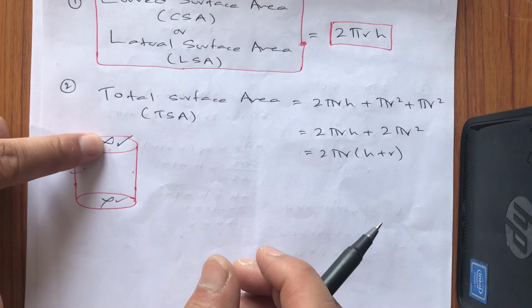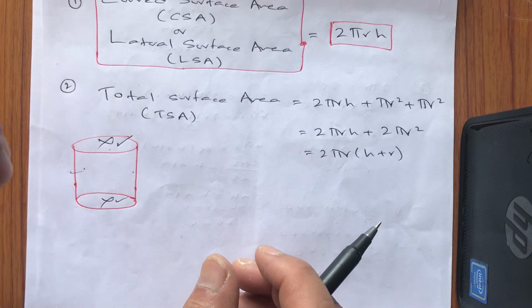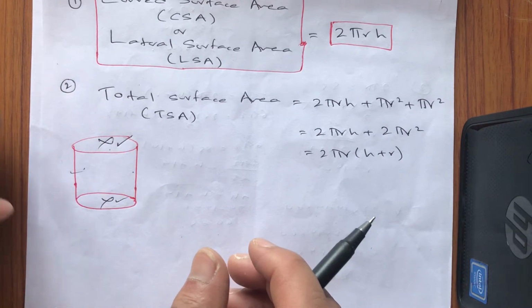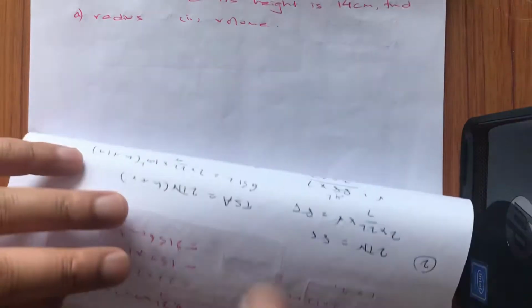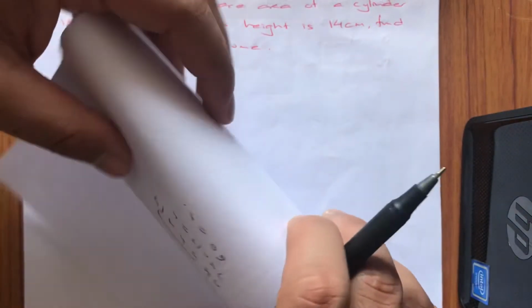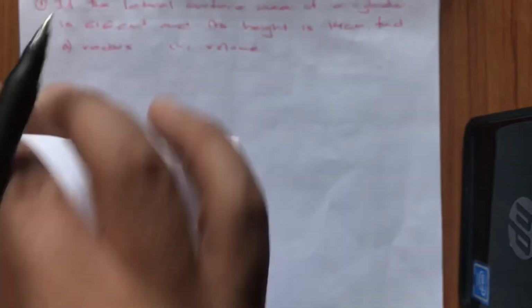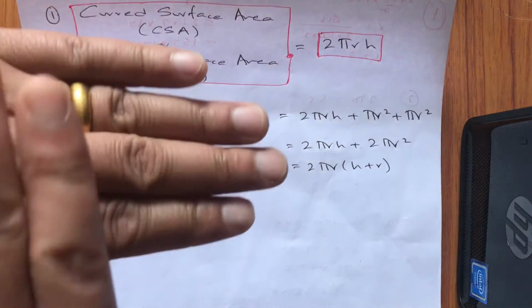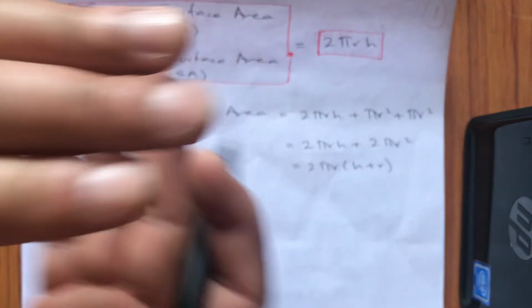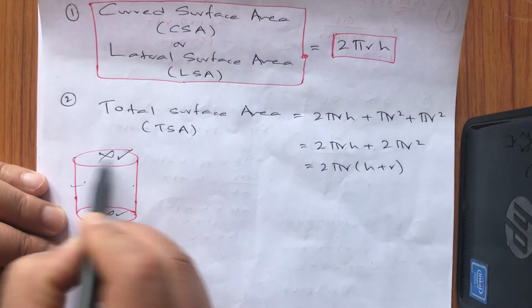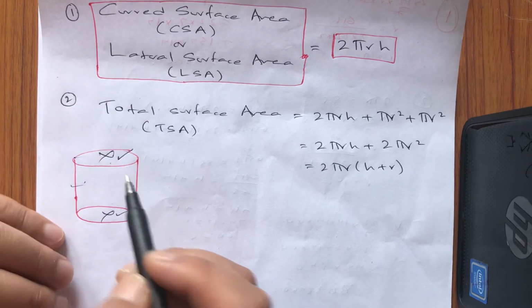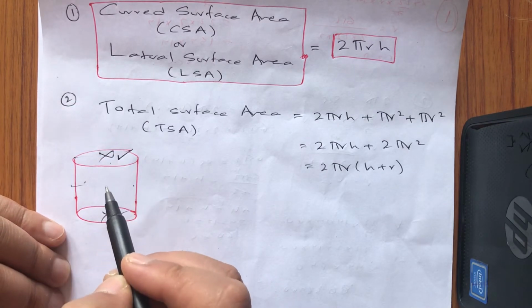If I have nothing at the top and nothing at the bottom, like an opening on both sides, then the part that has been wound around is called the curved surface area. Whereas if I now put a covering on the top half and the bottom half also, then that will be called your total surface area.